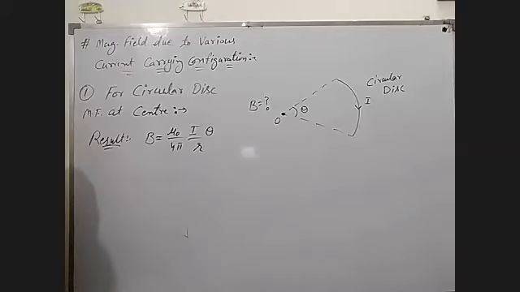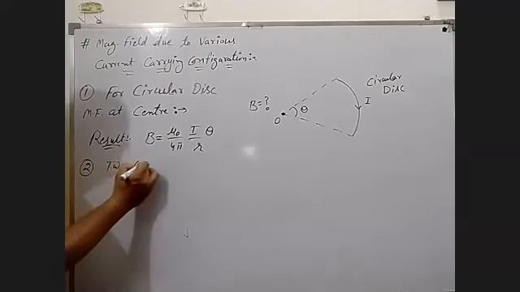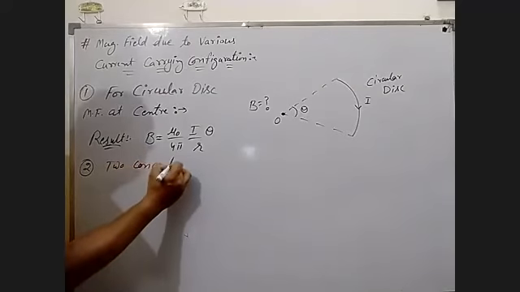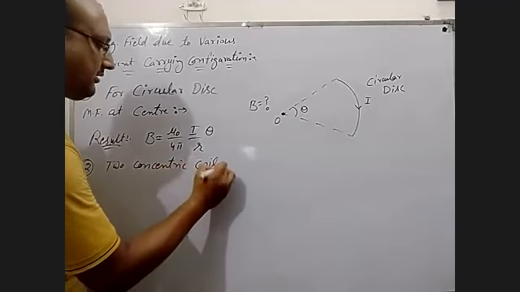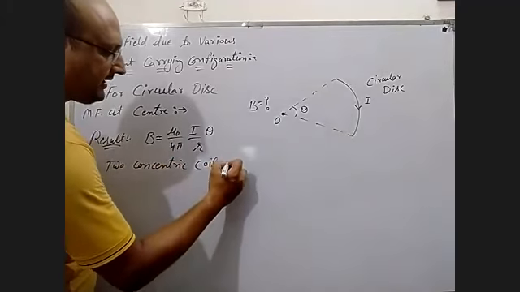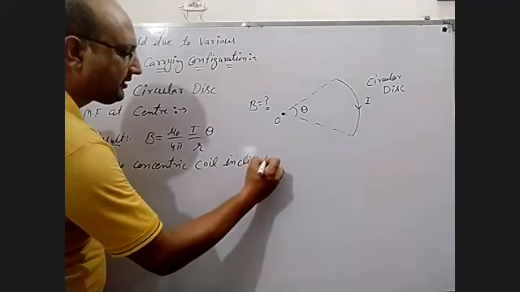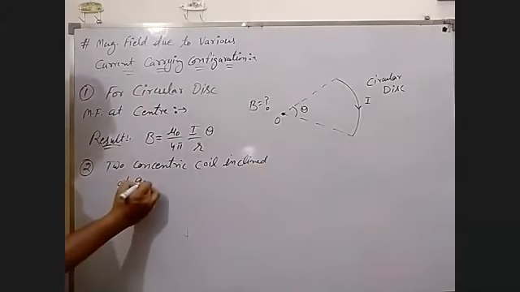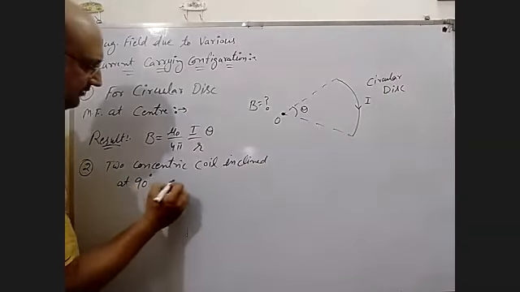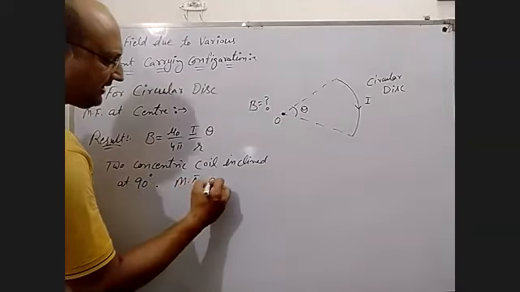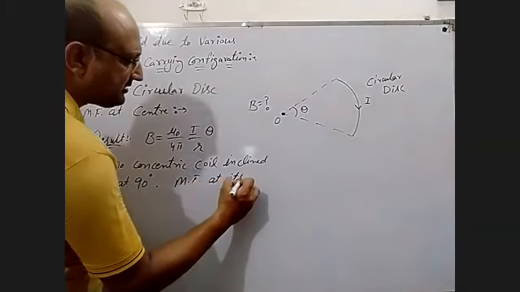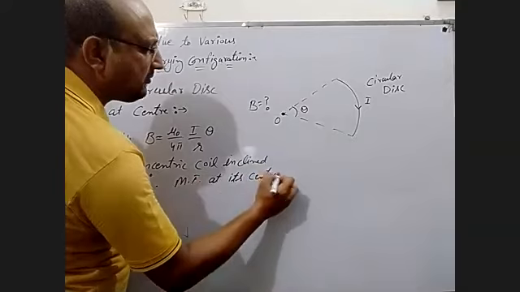the second point is magnetic field at the center O of two concentric coils inclined at 90 degrees. Two concentric coils inclined at 90 degrees, and you have to determine magnetic field at its center, because the center is common here.